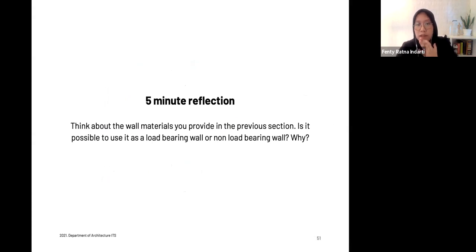If you have understood load-bearing and non-load-bearing walls, then try to analyze whether or not the material you provided can be used as a load-bearing or non-load-bearing wall. Then just give a short explanation about that. Maybe you can add some drawings if you can.